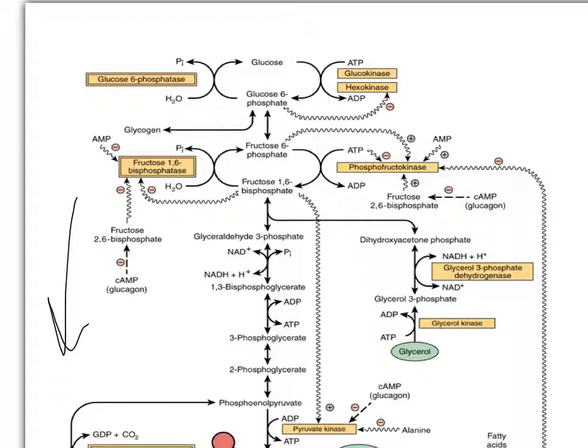Once it's glucose 6-phosphate, it gets transformed into fructose 6-phosphate. It's important to note that anytime we see these curved outward arrows going from one substrate to another, it represents an irreversible enzyme reaction. So glucokinase and hexokinase will only go in this direction.